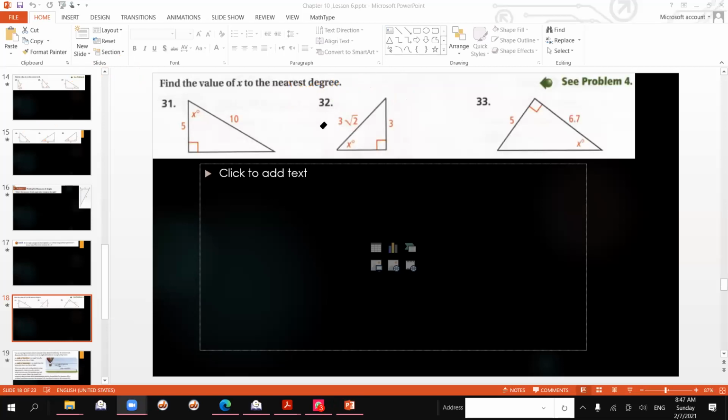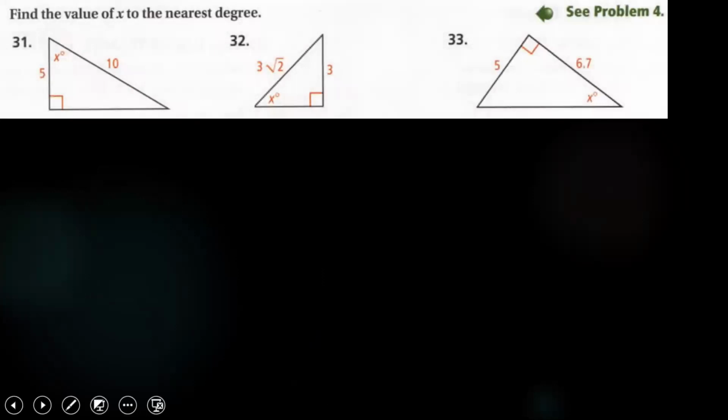Okay. Now let's find number 32 here. In number 32, what did we have? We have angle X. And we have the opposite over what? Over the hypotenuse. Bravo. Now, what is opposite over hypotenuse?